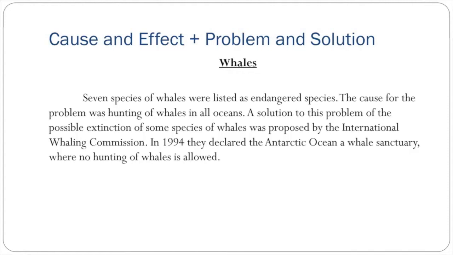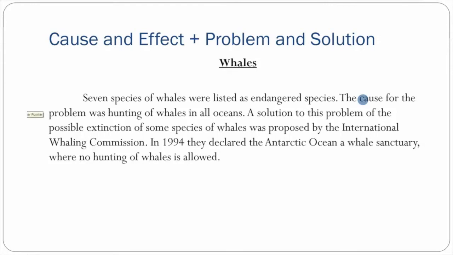In 1994, they declared the Antarctic Ocean a whale sanctuary where no hunting of whales is allowed. If you notice, I have now included the cause for the problem, and the actual problem is actually the effect of what happens when there's too much hunting of the whales.